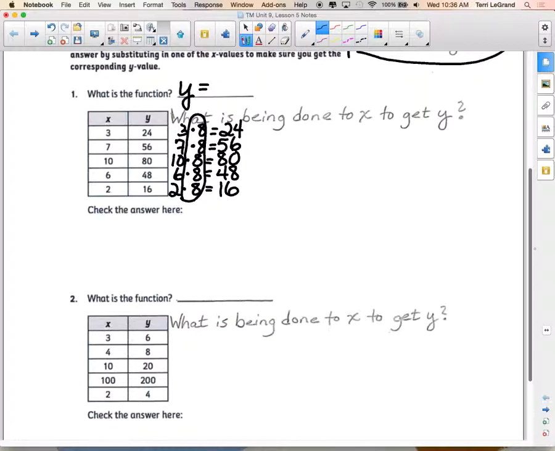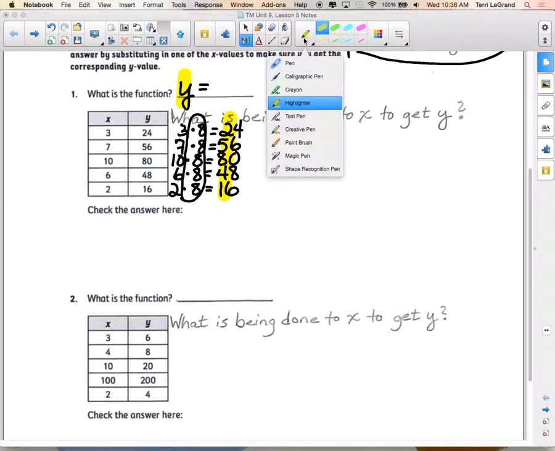Multiply by 8. So how do you think we could show that in the equation that says, write the function that represents no matter which x value you use? What would we write? What do you think? Y equals, so in other words, our y values are right here. Here's y here.